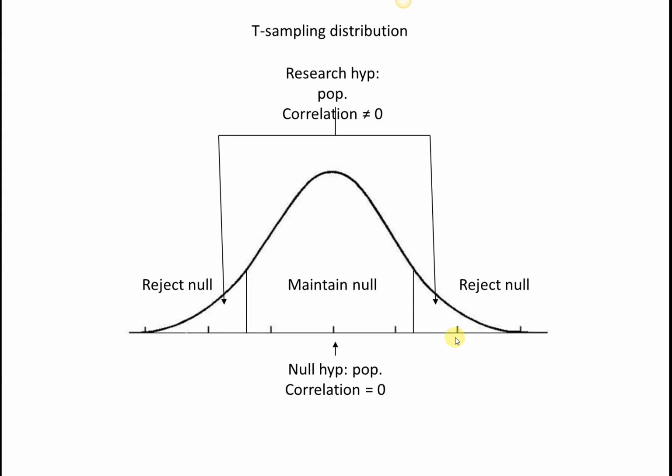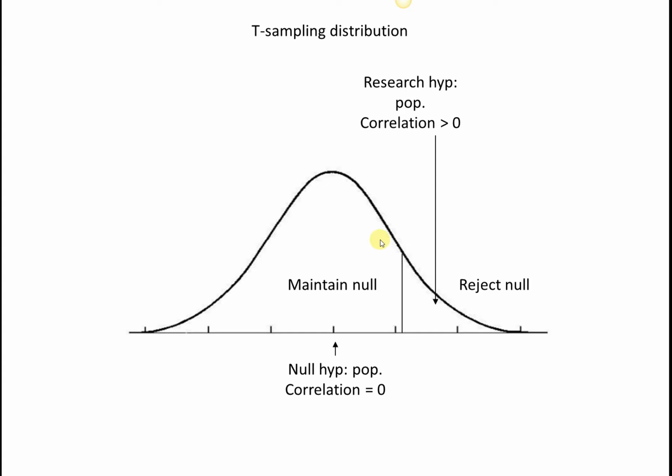If the correlation that we observe in our sample puts us in this region, then we will infer that the difference between our correlation value and the null is reflecting sampling error, in which case we would assume that the null hypothesis is equal to 0. Now, let's say our research hypothesis is that the population correlation is greater than 0.